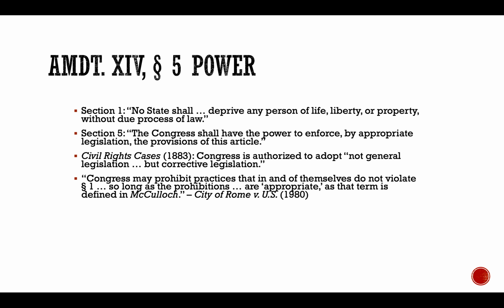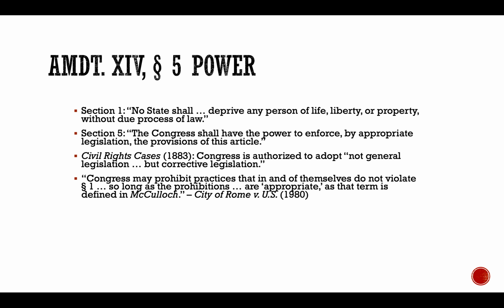Now, that being said, 100 years later, the court was more attuned to civil rights. And the court said this in a 1980 case. Congress may prohibit practices that in and of themselves do not violate Section 1, so long as the prohibitions are appropriate, as that term is defined in McCulloch.